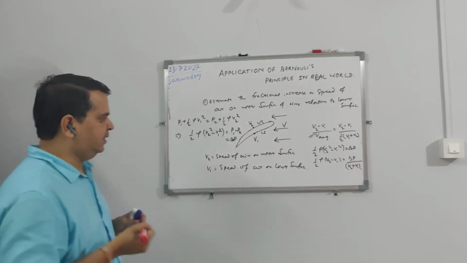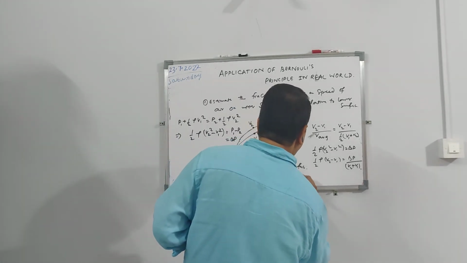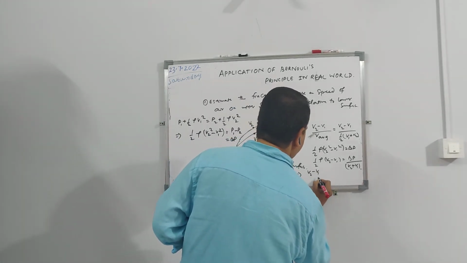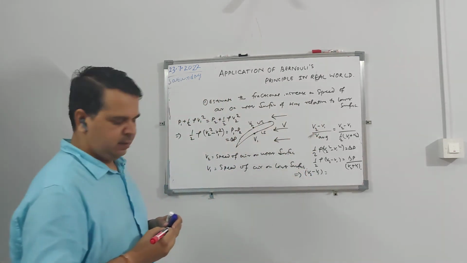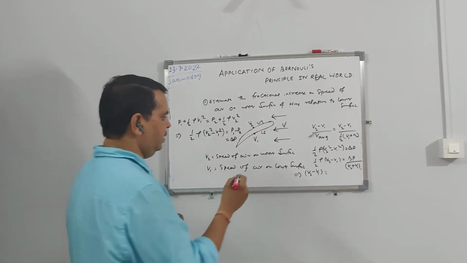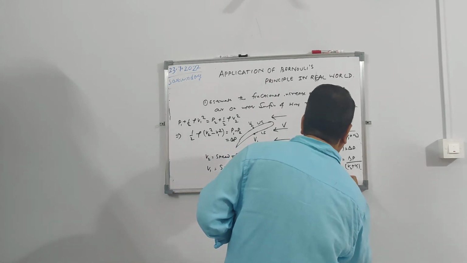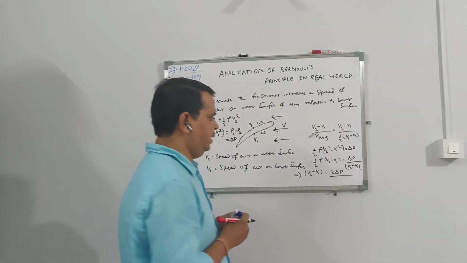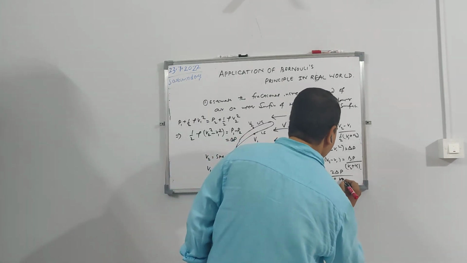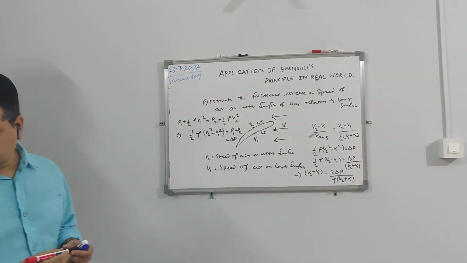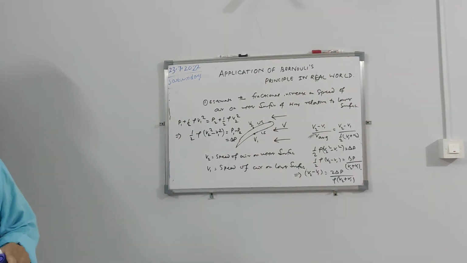So V2 minus V1 is equal to 2 into delta P divided by rho into V2 plus V1. You have come this far.